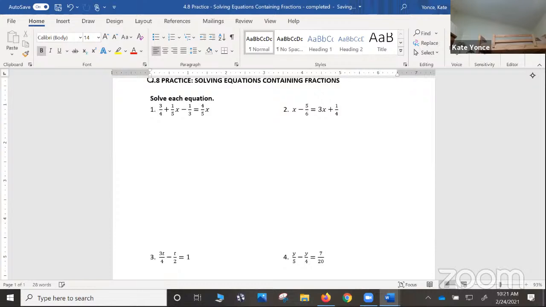This becomes a 1. 60 divided by 5 is 12. This becomes a 1. 60 divided by 3 is 20. Next number becomes 1. 60 divided by 5 equals 20.